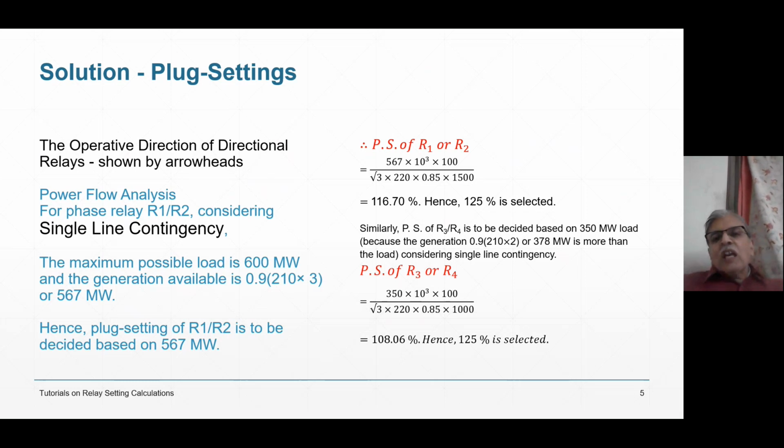So I have arrived at the plug setting for R1, R2, R3, R4, and I can arrive at it by conducting power flow analysis. Power flow analysis is very simple in this 2-bus system. But had there been a 50-bus system, for different contingencies, say 51 cases, you will have to run the power flow analysis 51 times.